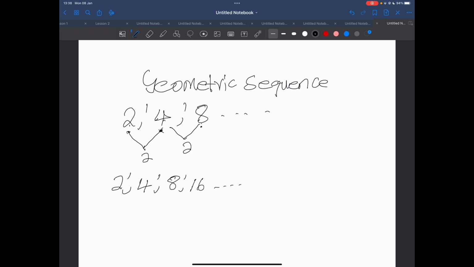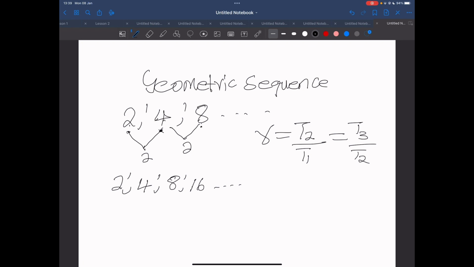Now, we know it's a geometric sequence because it has a common ratio. So the common ratio, represented by R, is term 2 divided by term 1. So it must be the same as term 3 divided by term 2. That is our R. So let's look at this.